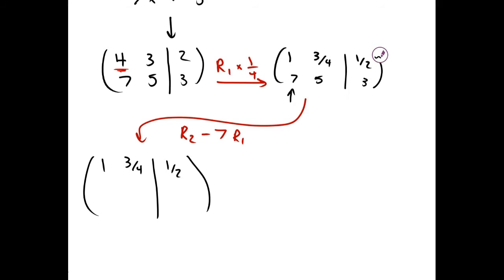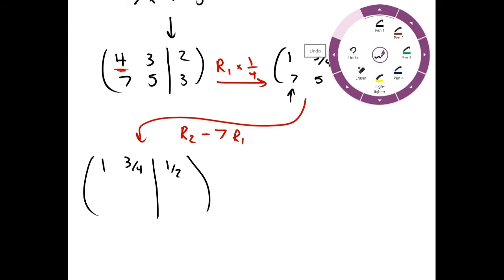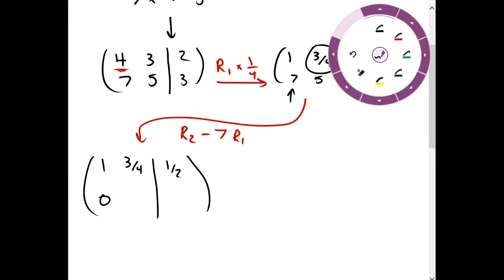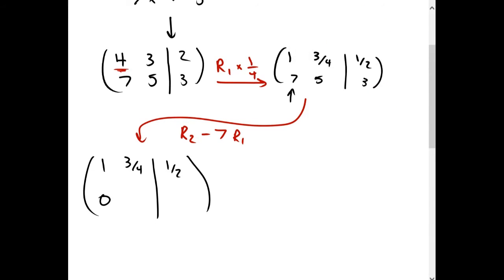But now we take this multiplied by negative 7. So we get negative 7. We add it to this, which gives us 0, which is what we were trying to do. Then we take 3/4 and multiply that by negative 7, and add it to 5.